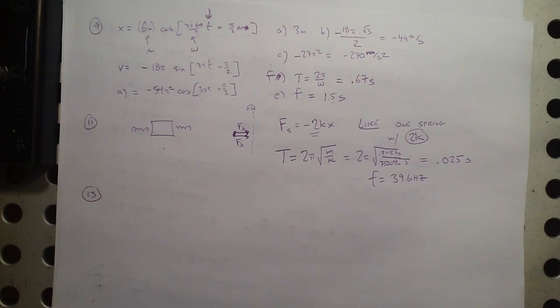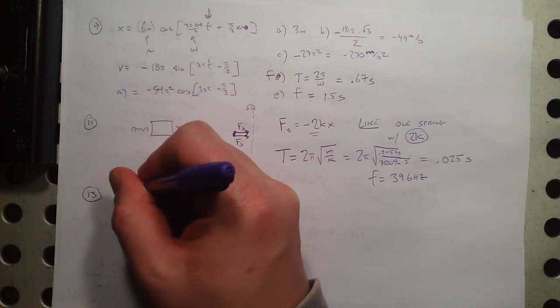And last one. An oscillator consists of a block of mass ½ kilogram connected to a spring. When set into oscillation with an amplitude of 35 centimeters, the oscillator repeats its motion every 0.5 seconds.